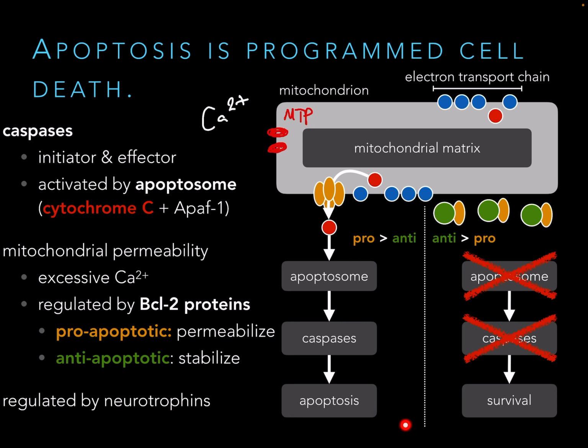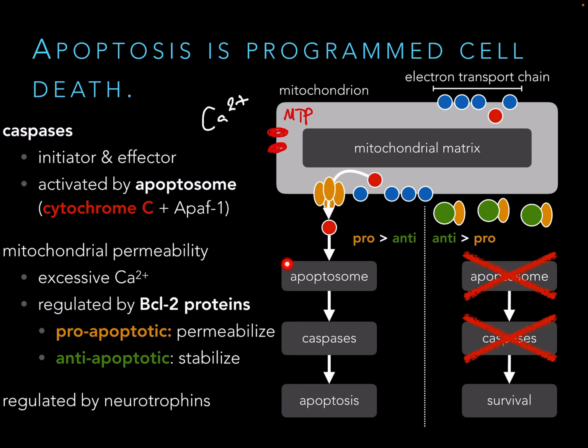Okay, so let's consider two scenarios. On the left, we have an excess of pro-apoptotic BCL2 proteins compared to anti-apoptotic. What the pro-apoptotic BCL2 proteins do is insert into the membrane, making a pore, just like what happens if we have excessive calcium. Cytochrome C leaks out of this pore and forms the apoptosome, along with another protein, APAF1.